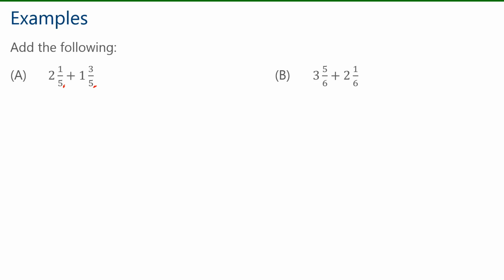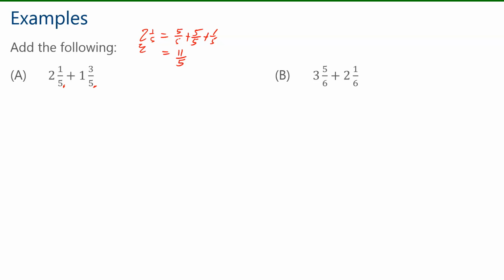So you could go through the visual process of drawing out, say, rectangles or circles and piecing it together that way. You could take your 2 1/5 and say, well, that's like a 5/5 for one whole, a 5/5 for a second whole, and then we got another 1/5. Add up the numerators, 5, 5, and 1 is 11 over my common denominator, 5.